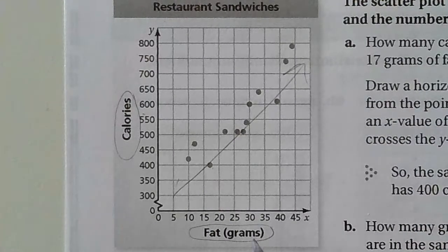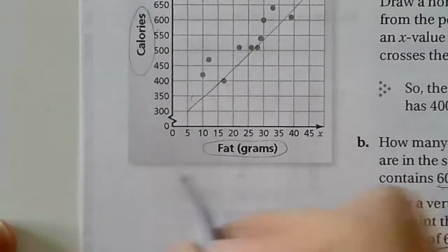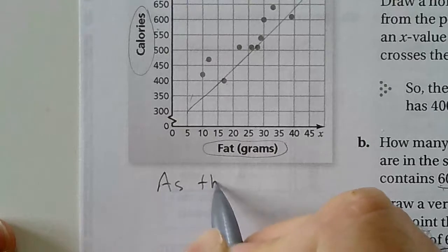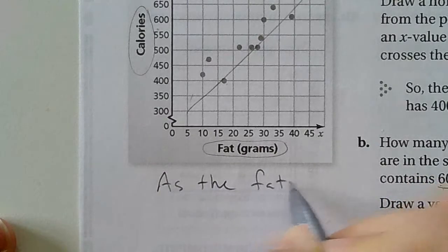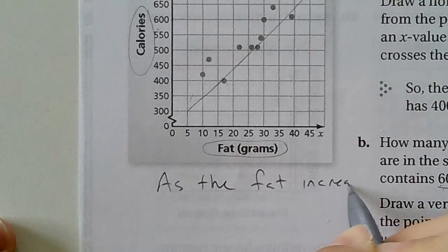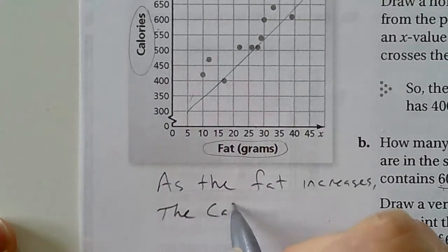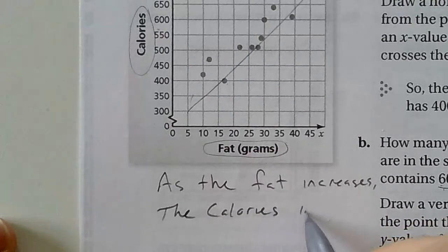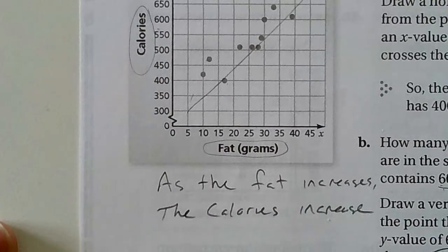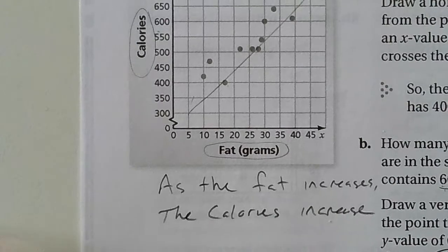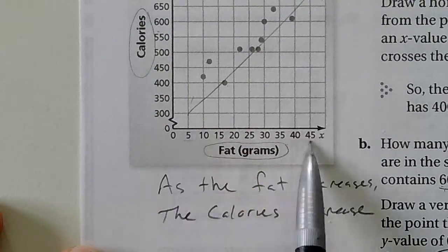So we could say something like, as the fat increases, the calories increase. And that's how we would describe that trend. We would say as this gets higher, this gets higher.